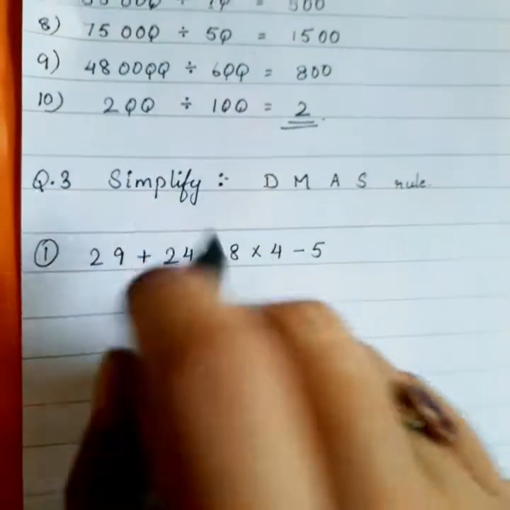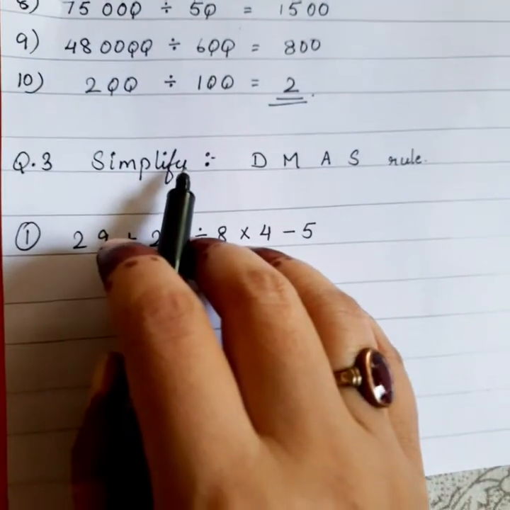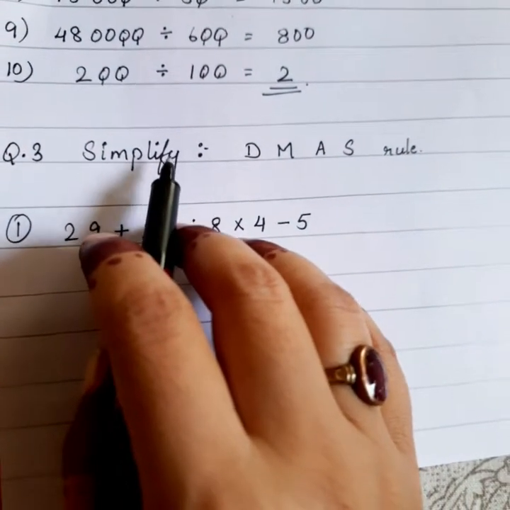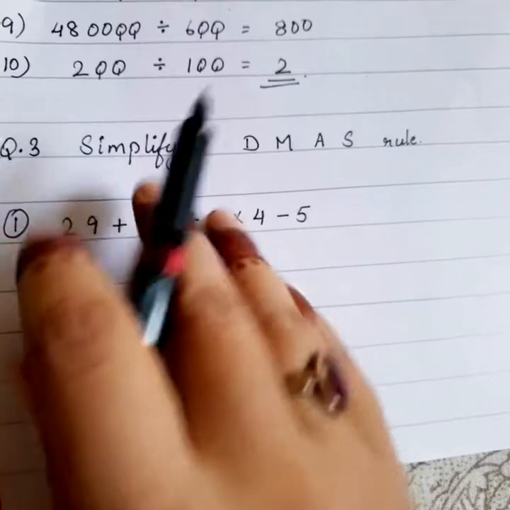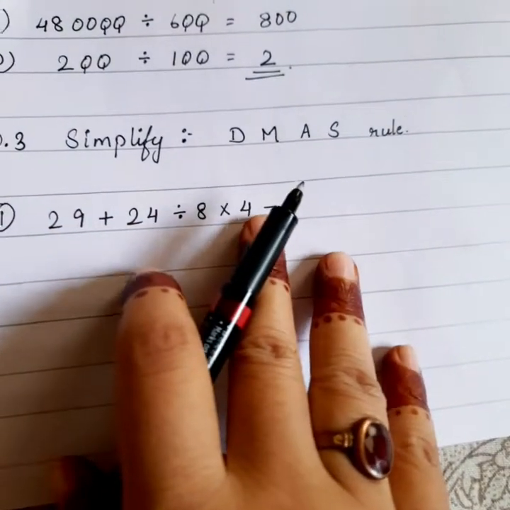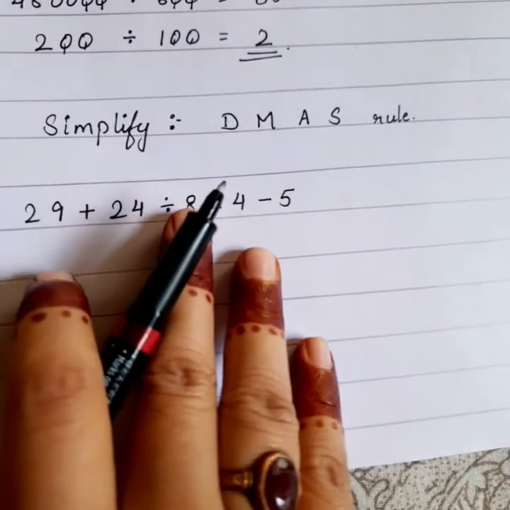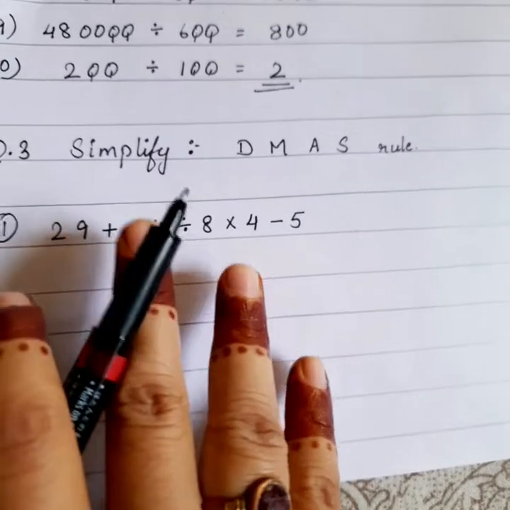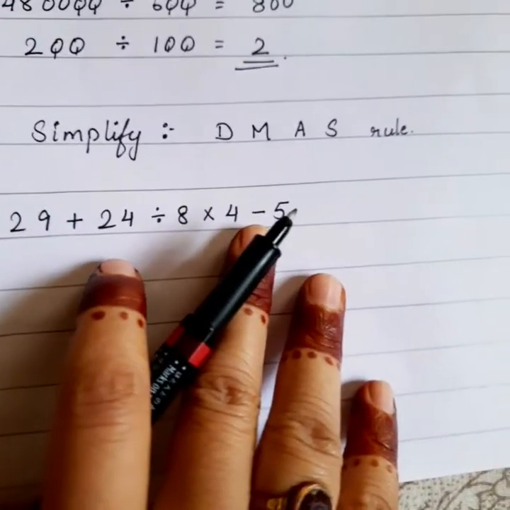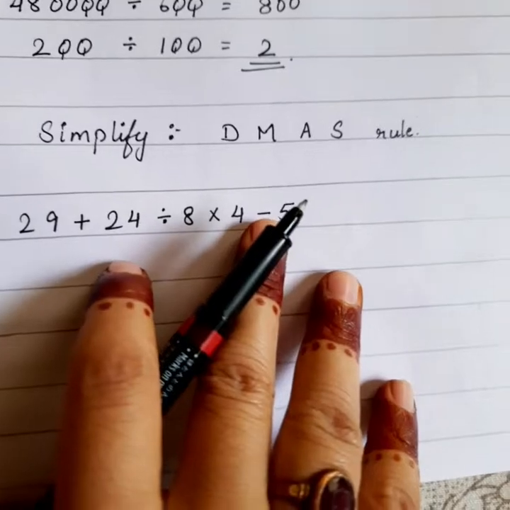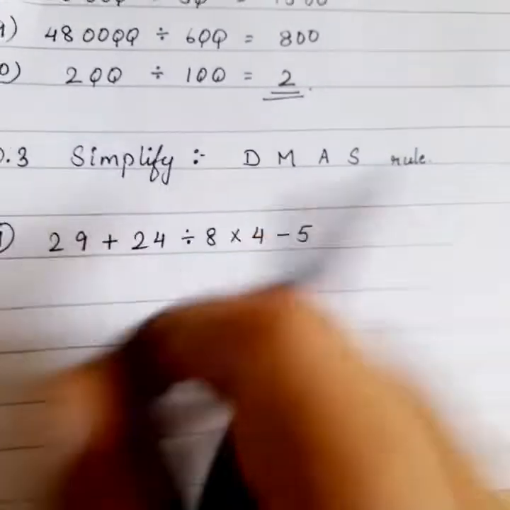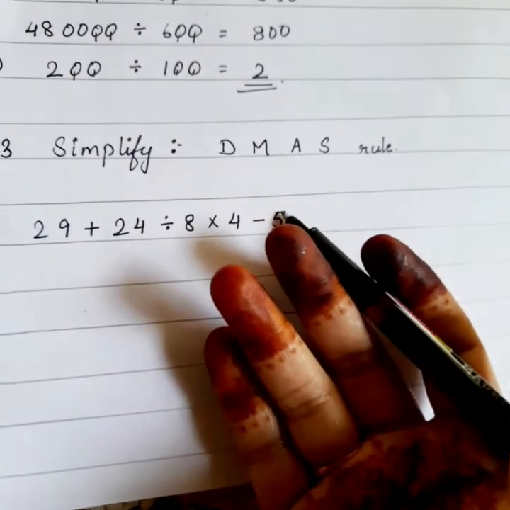Now question number 3 is simplify. And here in simplify, you will be getting 4 operations together, that is division, multiplication, addition, subtraction, all you will get here, and you have to simplify and find out the value.